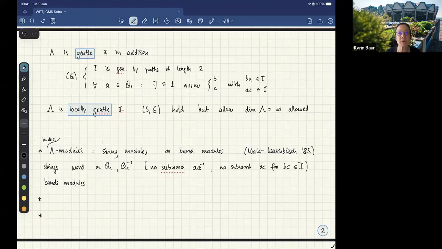Then band modules: bands are also strings, but they're cyclic. You write some letters A, B, C, and in the end, where A starts is the same as where C ends. So they're coming from cyclic strings, and some parameters. Today we will not really have any band modules. Then homomorphisms are understood, and short exact sequences are characterized.